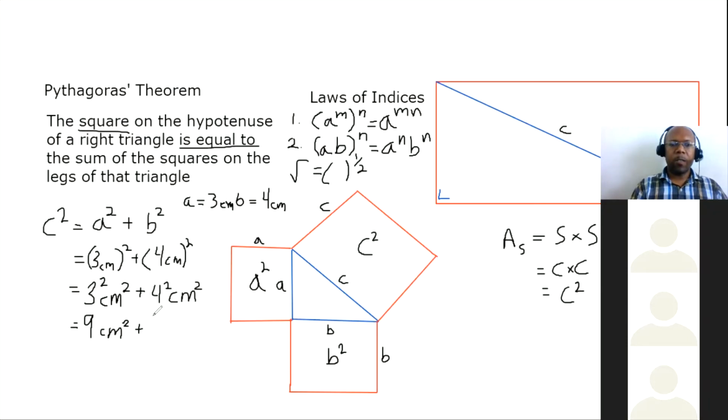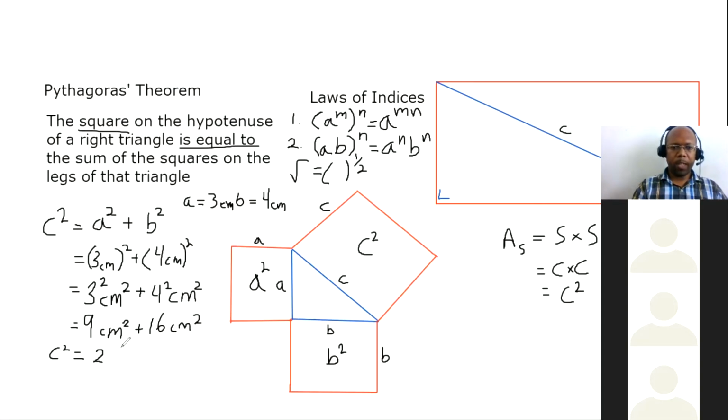And this would mean 4 times 4, which is 16 centimeters squared. Okay, 9 plus 16 is? Anybody? 25. 25.